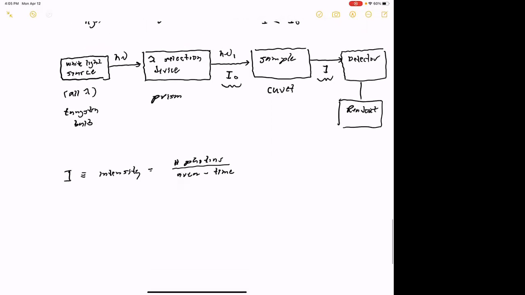Now, again, I have two variations of this. I have I naught. I naught is the initial intensity from the source. And then I have the I. And that's the intensity after passing through the sample.